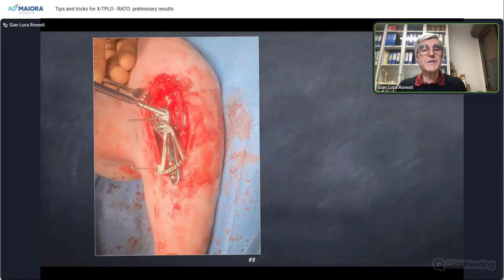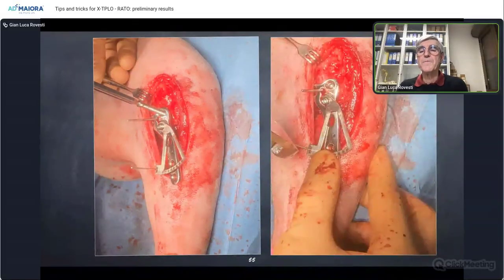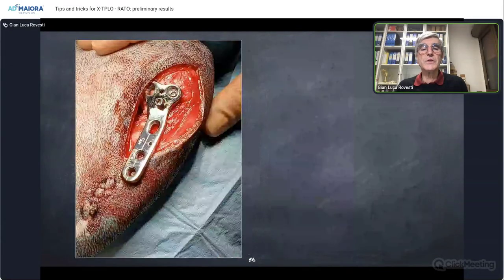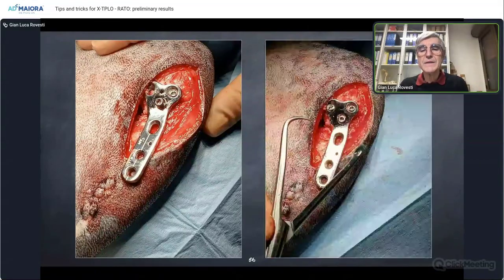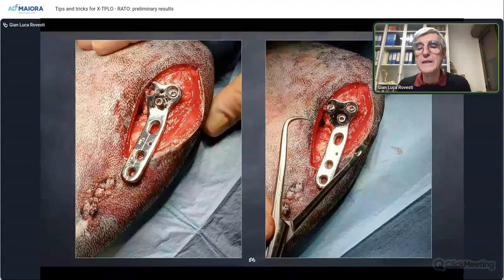So we'll insert the second screw, number 1, and then once we have this position, we can remove the guide K-wire, because we have 2 points now, and tighten all the 3 proximal screws. So now the plate is anchored to the proximal part of the tibia without any anchoring to the distal part, okay?